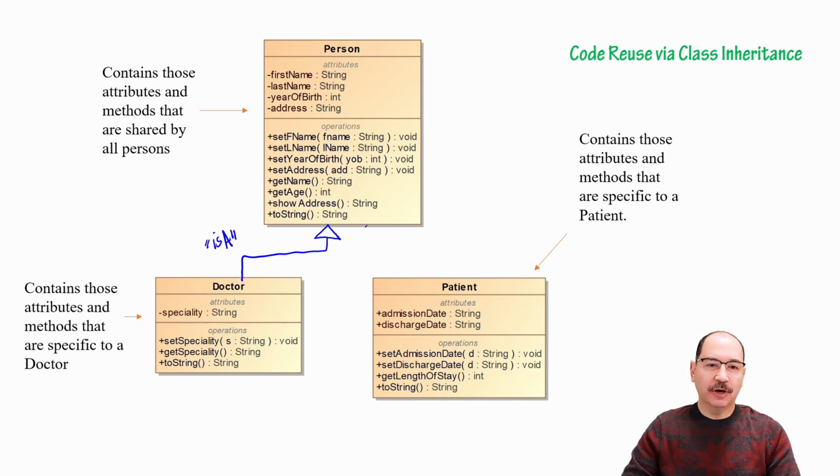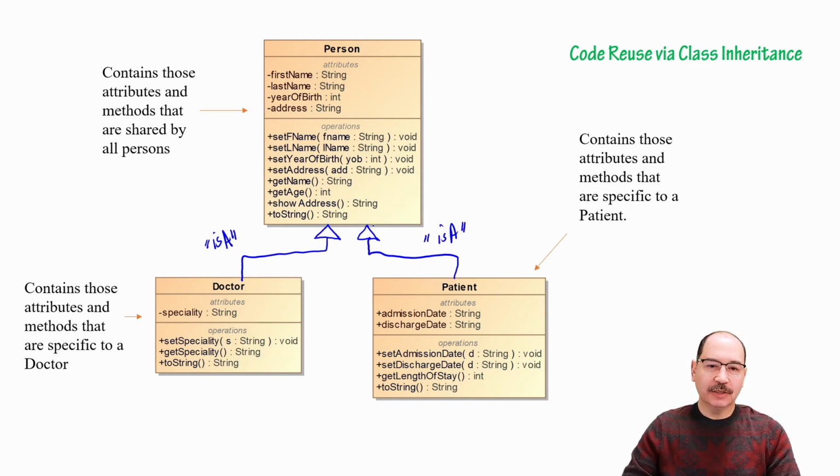Same thing here, I need to create the same relationship between patient and the class person. So we have an arrow from the class patient attached to the class person with this unfilled arrowhead. Again, this is an "is a" relationship, and we read it that way: patient is a person, or patient is a kind of person.